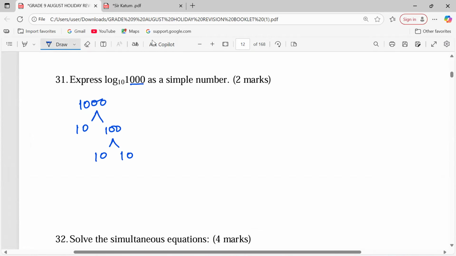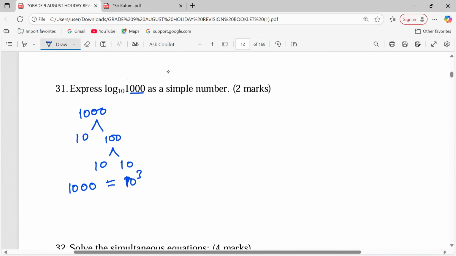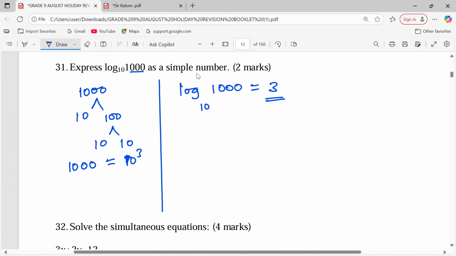So you can see 1000 is equal to 10 to the power 3. And what is the logarithm of a number? It is the power to which 10 has been raised. Therefore, the log to base 10 of 1000 equals 3. That's how we express it as a simple number.